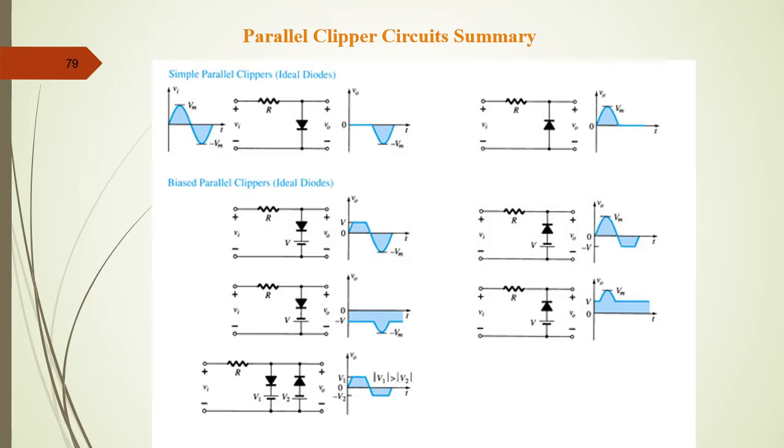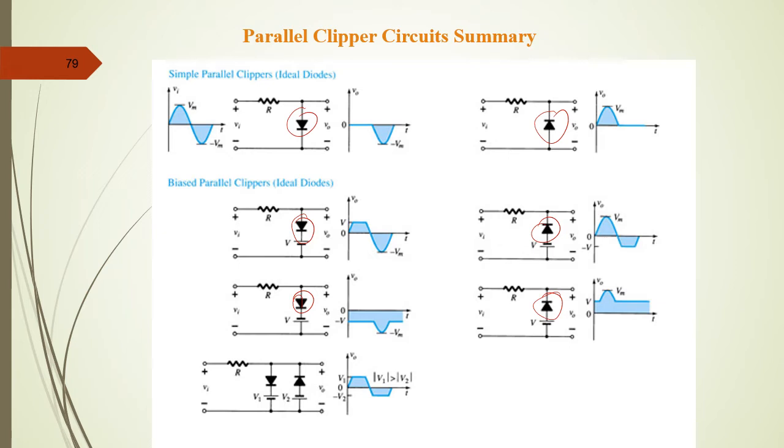In the parallel clipper circuit summary, the output voltage is taken in parallel with the diode and also the supply voltage. Have a look at this. This is the downward direction, which allows the positive cycle, and this is the upward direction, which allows the negative cycle.